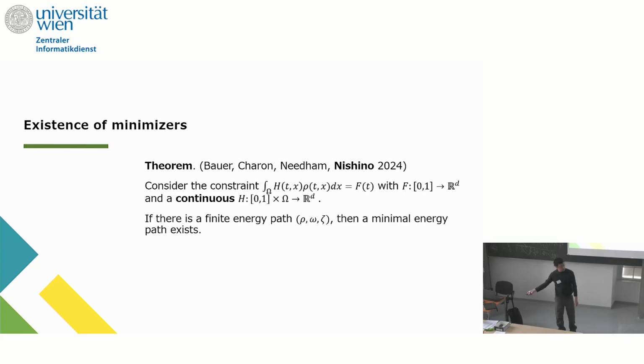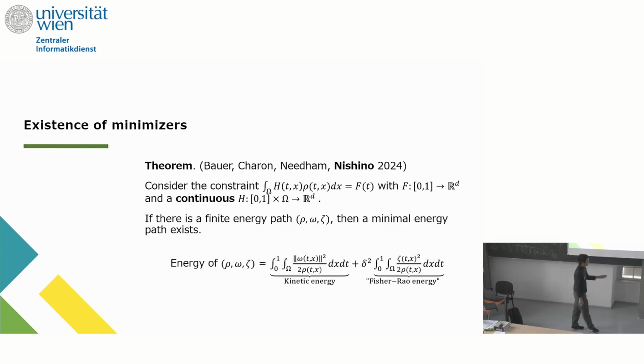Energy is what we discussed earlier, and the path here means the triple of rho, omega, and zeta, satisfying the continuity equation and the constraint. So as long as there is a path that makes the objective finite, then there is also a minimizer.